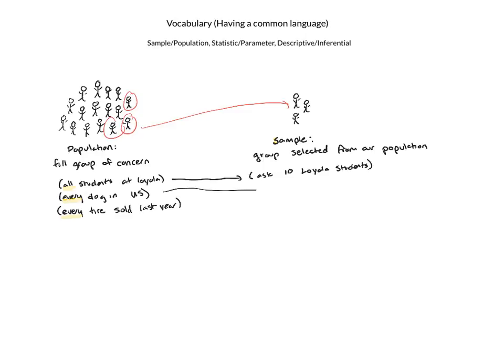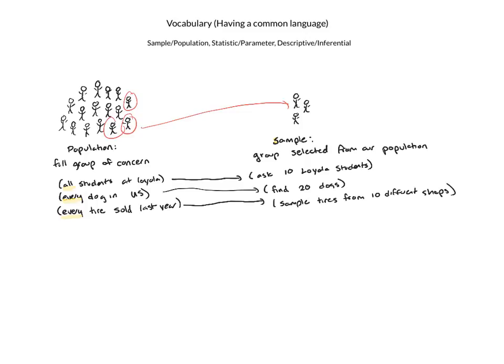I can't find all the dogs in the U.S., so we might find 20 dogs. I can't find every tire sold last year, so for instance, I might sample tires from 10 different shops.